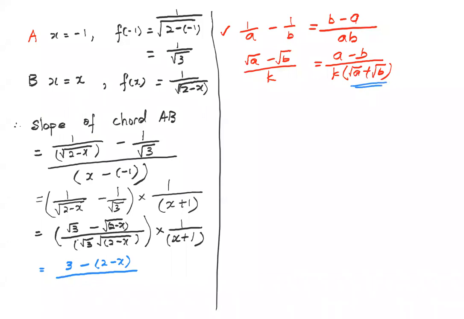See or not? This is my k. So I will root 3, root 2 minus x, then root 3 minus root 2 minus x, close. You see or not? Times 1 over x plus 1.